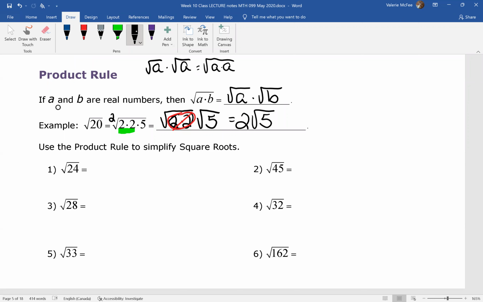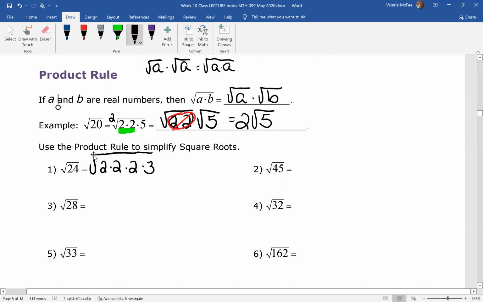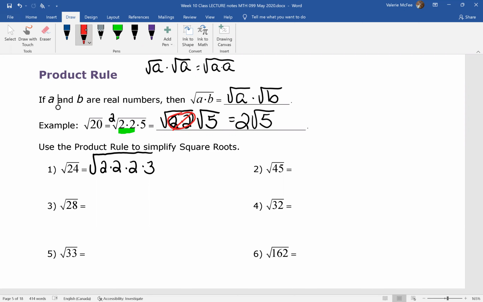So let's use the product rule here and simplify the square root of 24. We're going to prime factor. Our index is 2. That means we're looking for 2 factors that are the same.